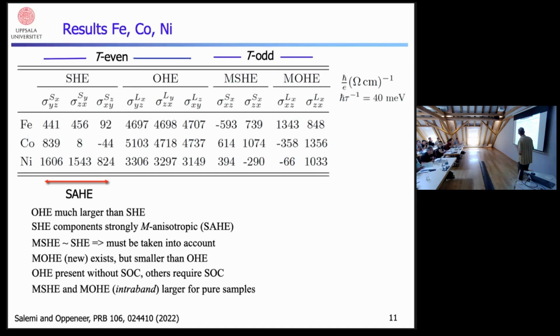I have to say, and this is why it is written here, it depends on the broadening that we use. But what we see from these calculations is that those magnetic effects exist in theory, and they are sizable.